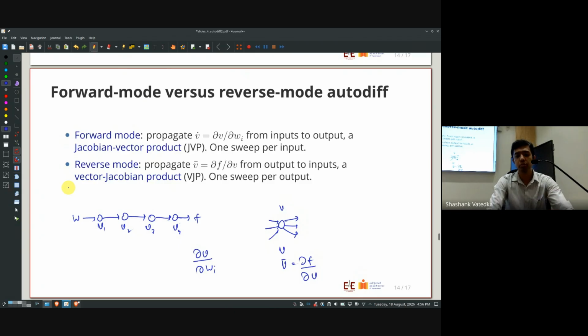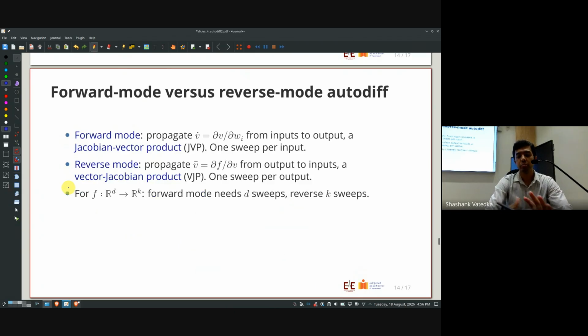But in terms of complexity, both of these have different computation complexities. So the forward mode, if you have a general function from Rd to say Rk, would require d sweeps of this computation graph, because in every sweep you are finding the partial derivative with respect to one of the variables, right?